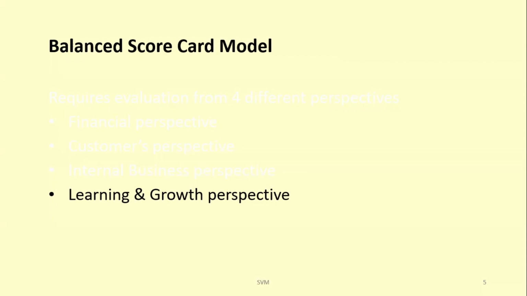We may also consider another measure as innovation rate: introduce at least 2 new innovative products or services within 1 year's time. So these are some of the measures we can think about for the learning and growth perspective.